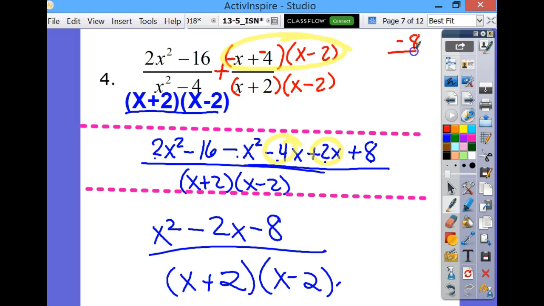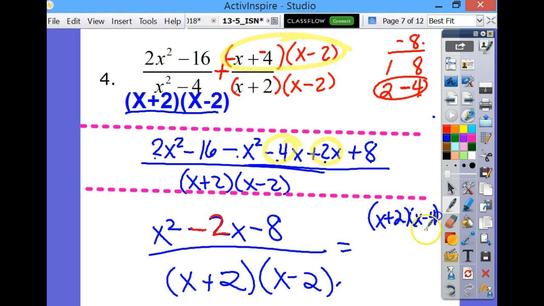The factors of negative 8, is there a way to put in my signs to come up with a negative 2? Does that multiply to get a negative 8? Yes, and so this would factor into x plus 2, x minus 4.